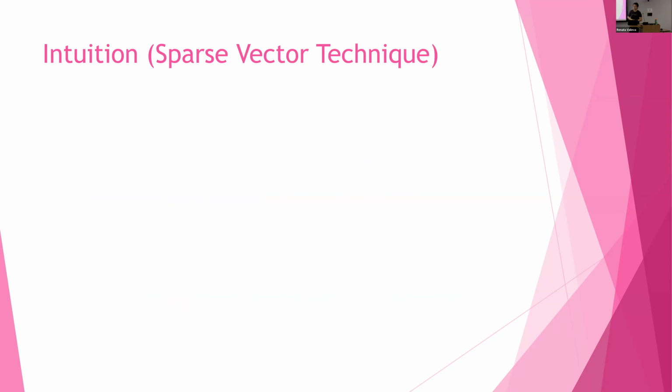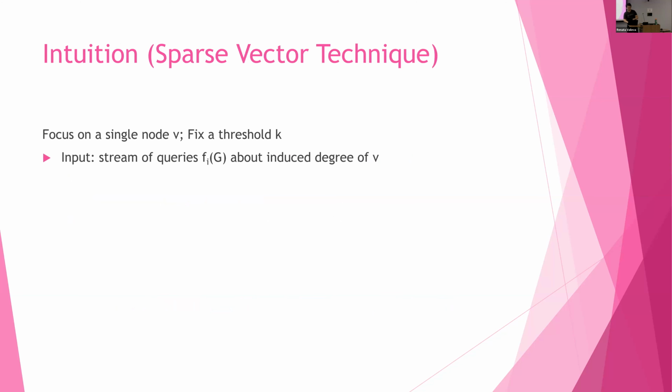So I'll first give some intuition for why you might think that this is possible. For this intuition, let's focus on a single vertex. We have a threshold k. What this algorithm is basically doing is it has this stream of queries, fi, which are the queries about the induced degrees of that vertex.